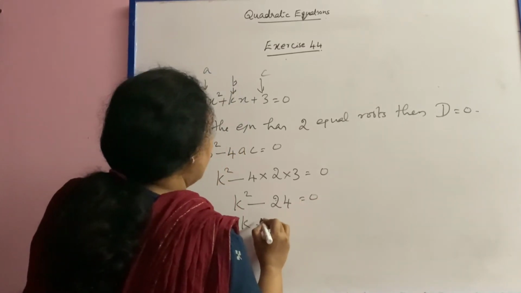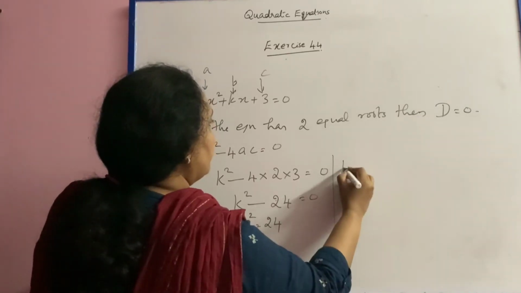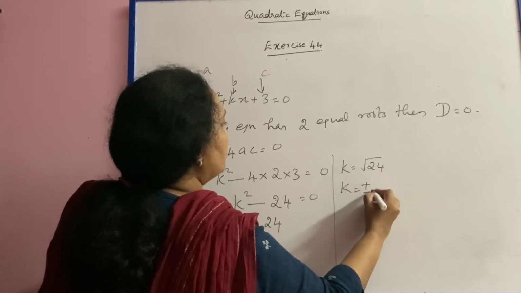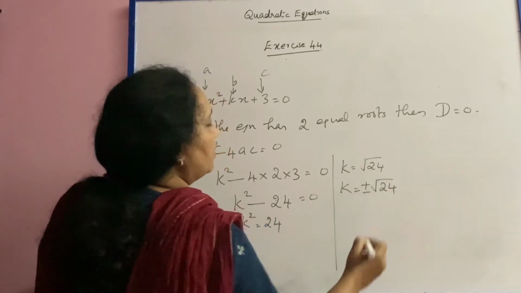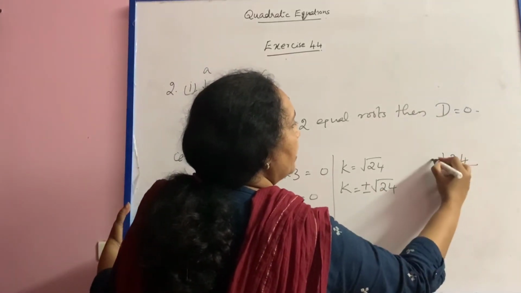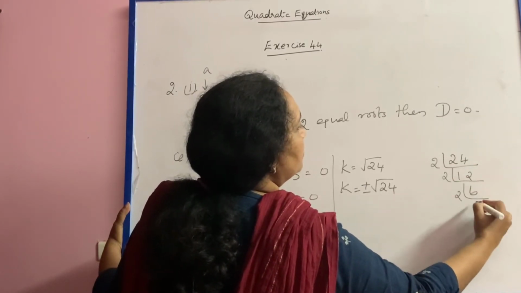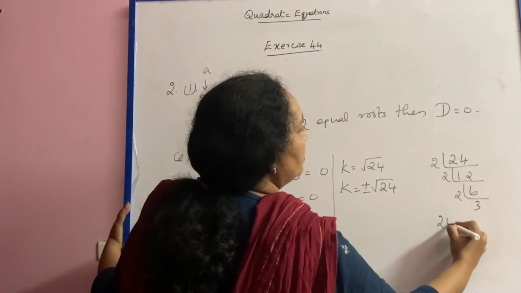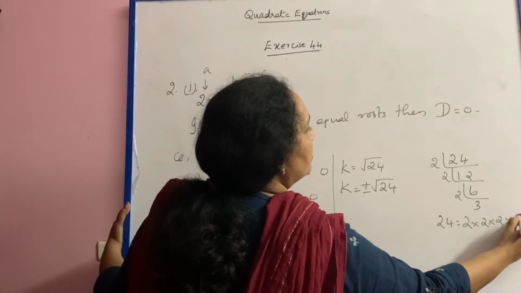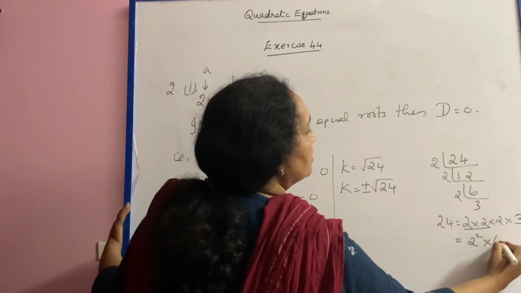k square is equal to 24, that is k is equal to plus or minus root 24. What is root 24? Make it into factors: 24 is equal to 2 into 2 into 2 into 3, that is 2 square into 6.